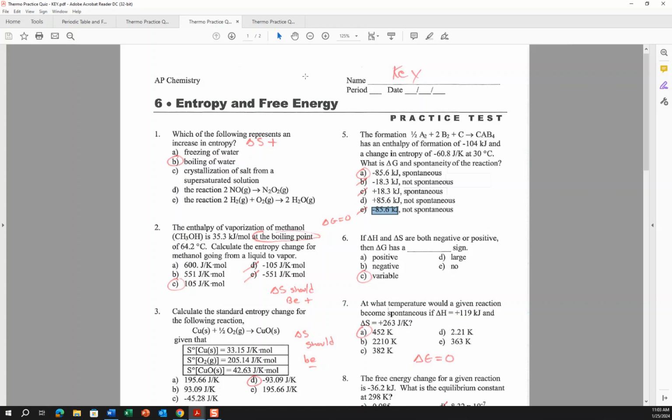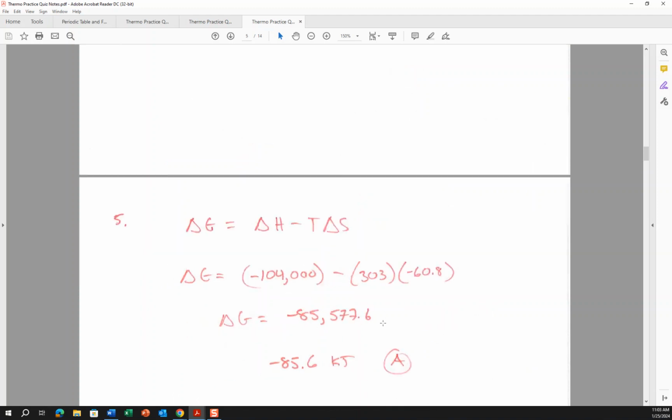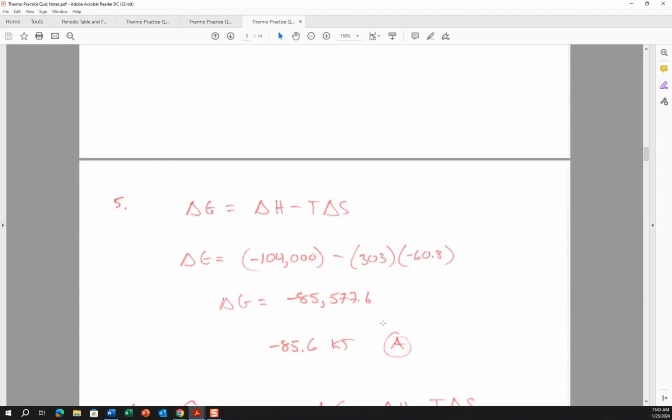Students mess up a lot. It's very simple algebra, but where they mess up a lot of times is they don't change the units. Delta H was given in kilojoules, and so notice I changed it to joules, multiplying by 1,000. And the temperature I was given was in Celsius. I have to convert that to Kelvin. I probably should have kept this as negative 104, and converted this to negative 0.0608 and put this into kilojoules instead.